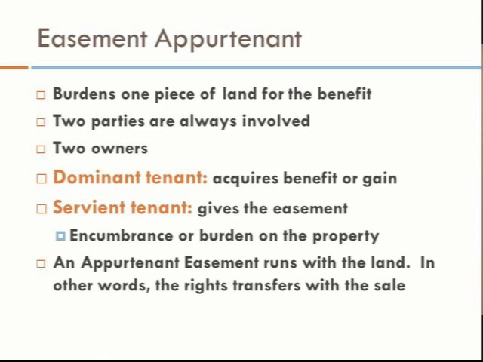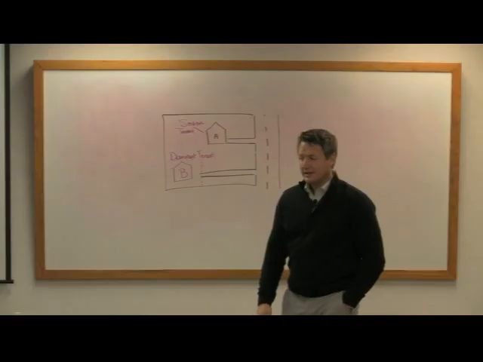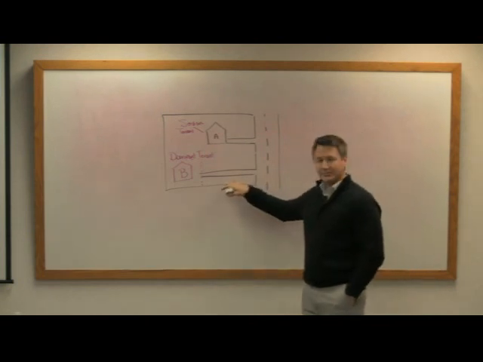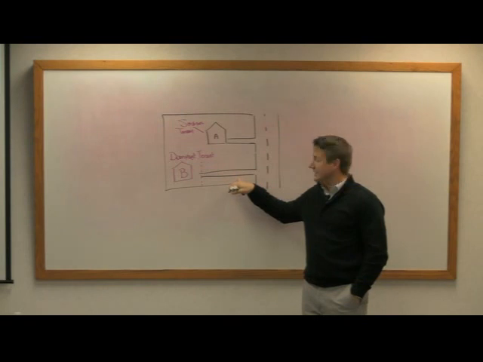The dominant is the one that acquires the benefit or the gain. The servient is the one who has the encumbrance or that gives the easement. This easement is an encumbrance on the property. It's a burden on the property.